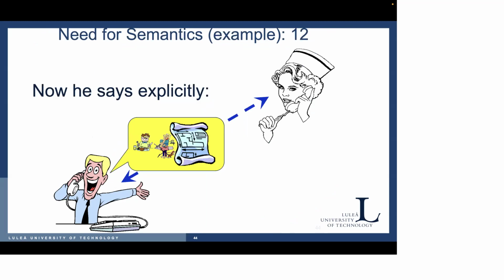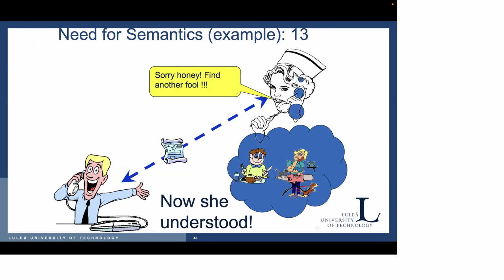So now the communication between different agents would involve not some loosely formulated messages, but rather well-defined, formally described meaning, with the reference to the source where this meaning is defined.